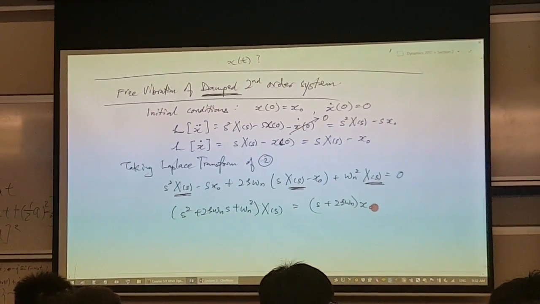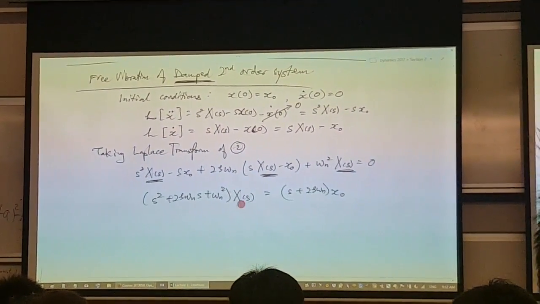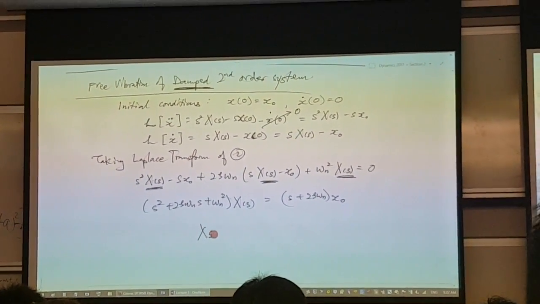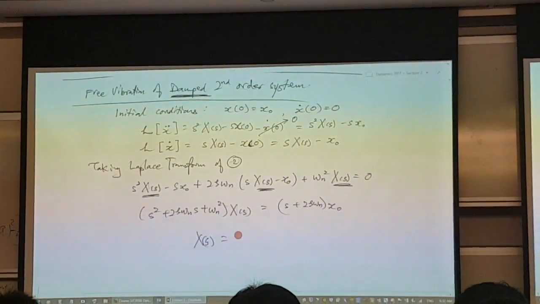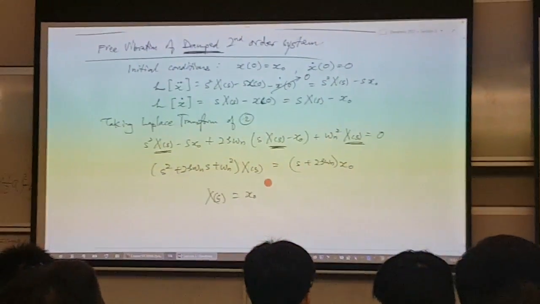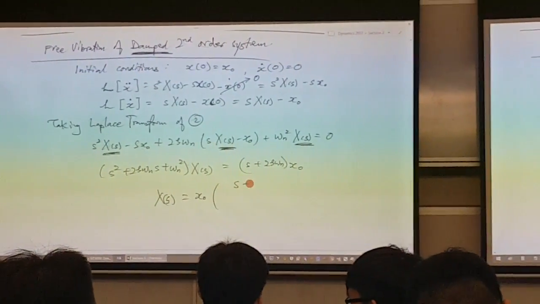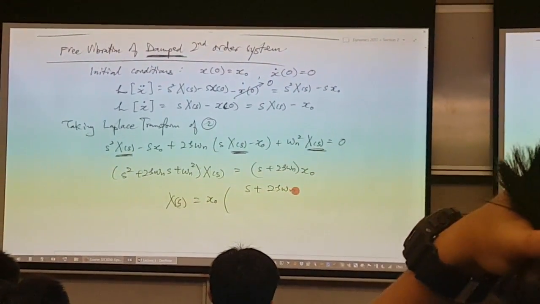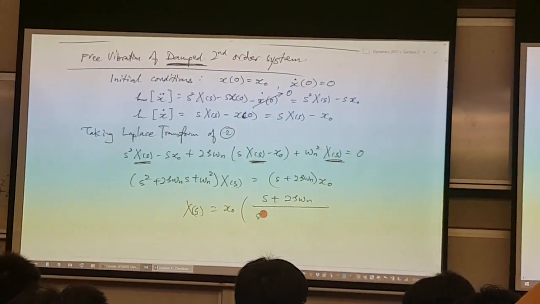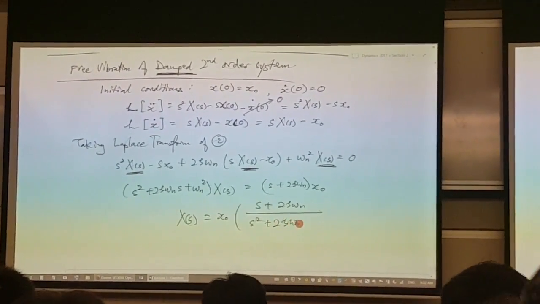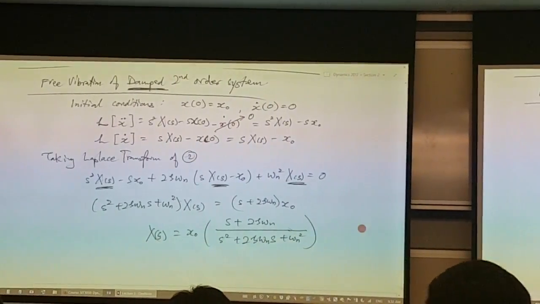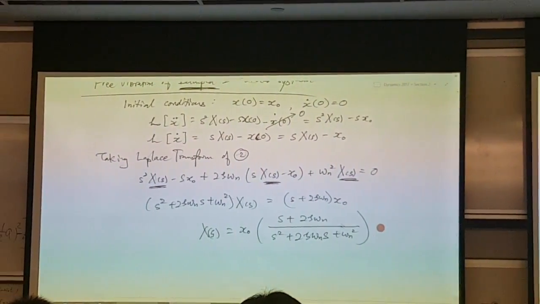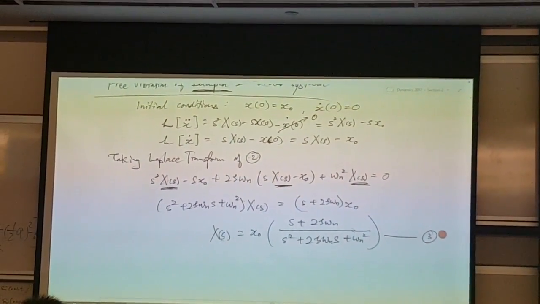So I simplify it in that way. Keeping X(s) as the subject, now I will have x naught at the front, and then s plus 2 zeta omega n over s squared plus 2 zeta omega n s plus omega n squared. I'll call this equation 3.